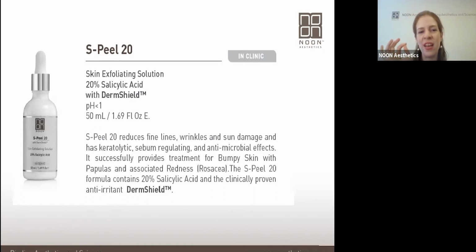I will put a very, very thin layer of SPIL, salicylic acid 20%, that has very good antibacterial properties. And it also softens the sebum in a very good way.